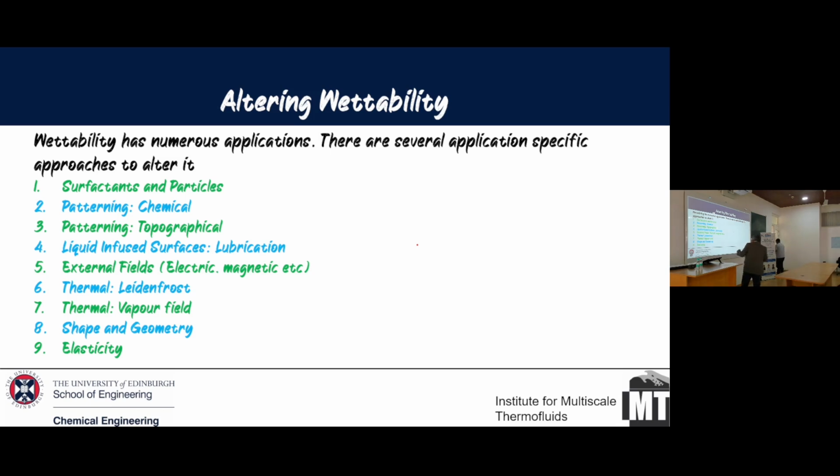So you'll have all these phenomena happening, and it has its own advantages as well. You obviously can alter the wettability by means of electric or magnetic fields. That changes surface tension dramatically.